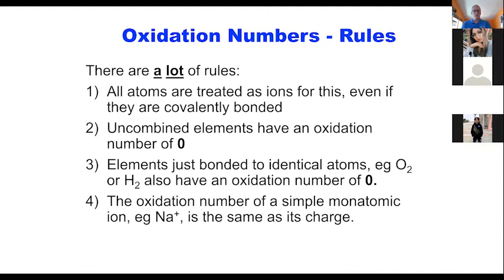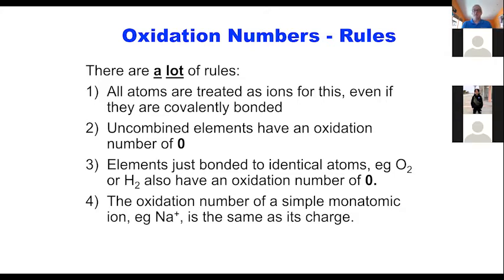So like I said, O2, H2. The oxidation number of a simple ion, like here I got sodium, that's its oxidation number. So if calcium is +2, that's its oxidation number. If chloride ion is -1, that's its oxidation number, okay?